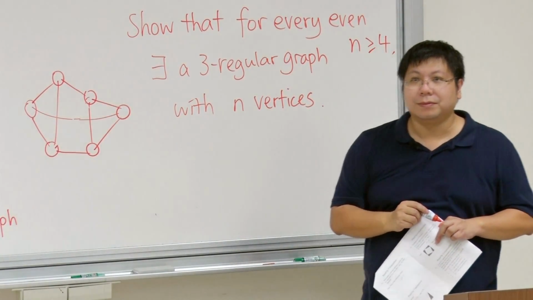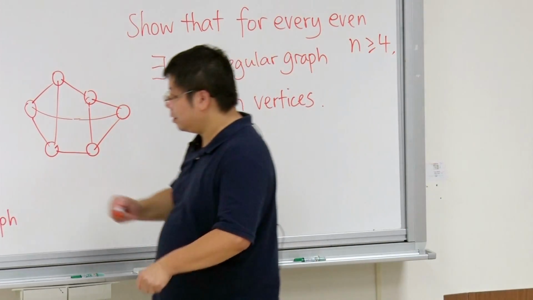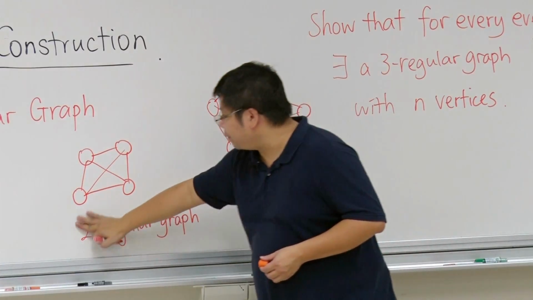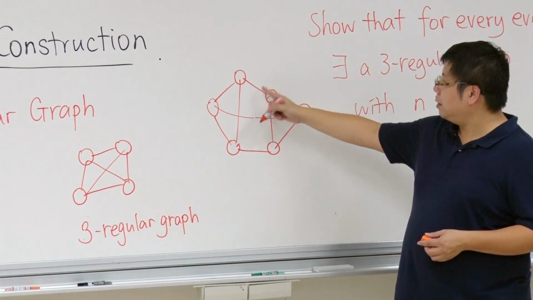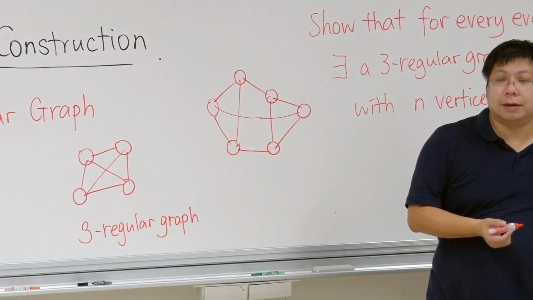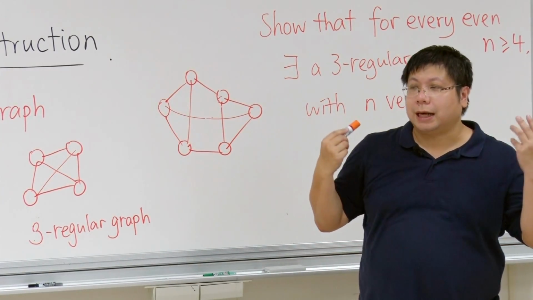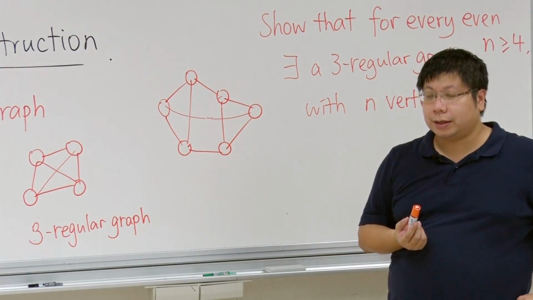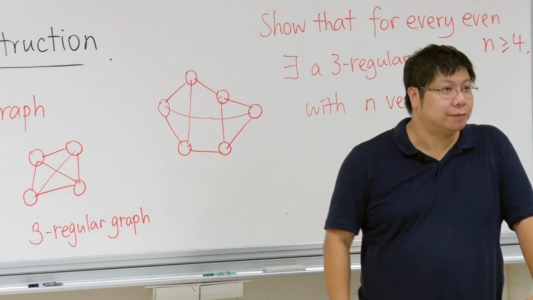This is my theorem. When n is equal to 4, this is an example, a 3-regular graph with 4 vertices. This is a case where we have 6 vertices, and there is a 3-regular graph for 6 vertices. But this theorem says n is any even number greater than or equal to 4. Then you can always find a certain 3-regular graph.